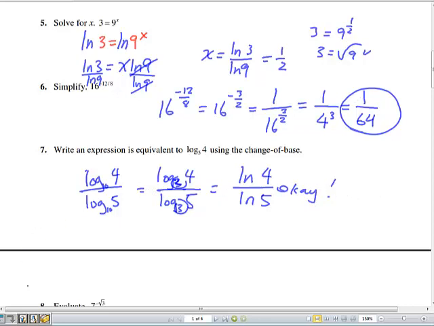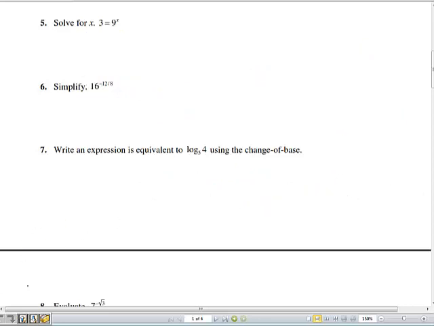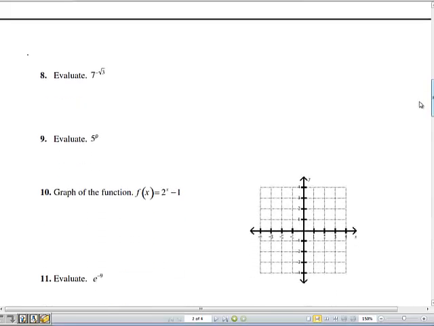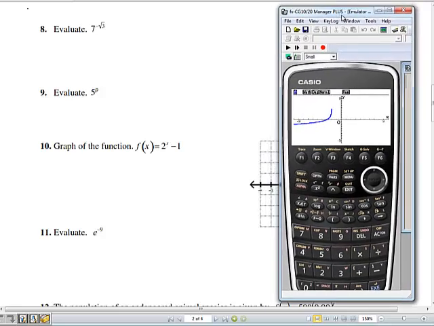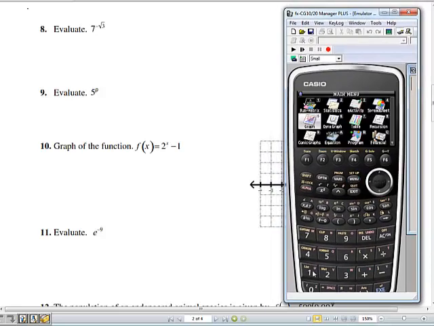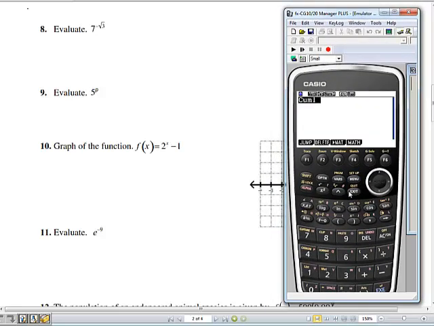Alright, number 8. Evaluate. Well, this you're just going to do on your calculator. Alright, so I'm just going to do this on my calculator. See here, we can get rid of that.